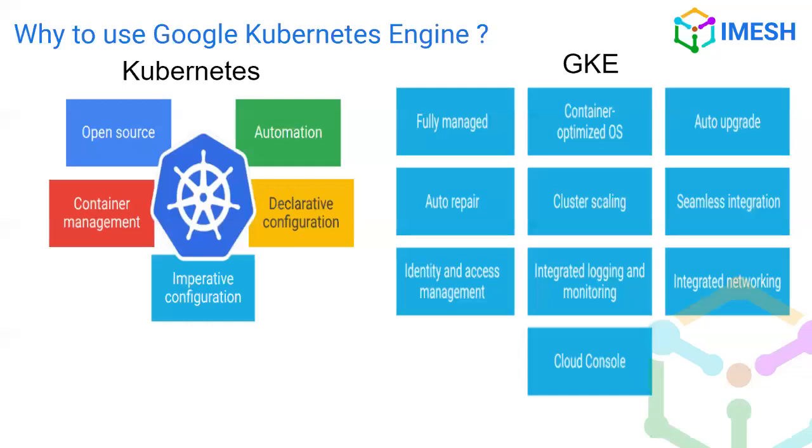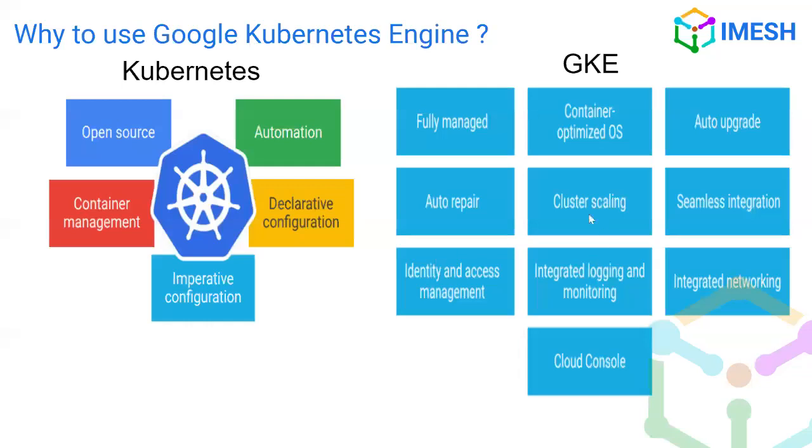GKE is a managed Kubernetes service on Google infrastructure. It helps you deploy, manage, and scale a Kubernetes environment for our containerized applications on Google Cloud. Specifically, GKE is a component of the Google Cloud compute offerings. It makes it easy to bring Kubernetes workloads into our cloud platform.